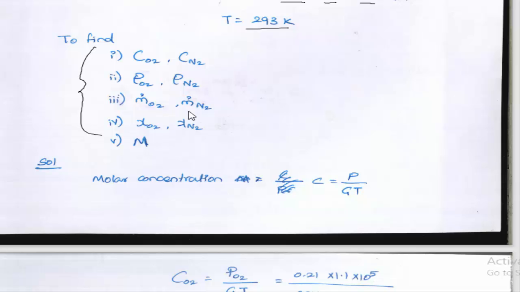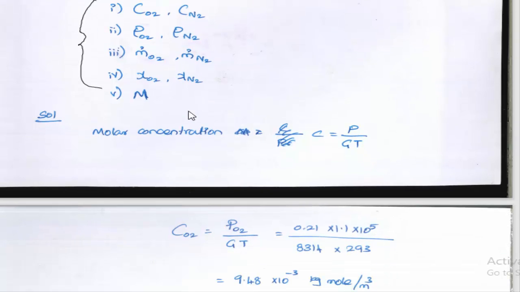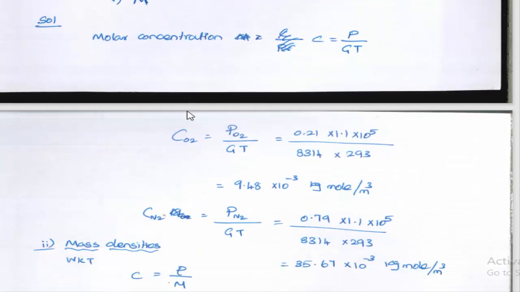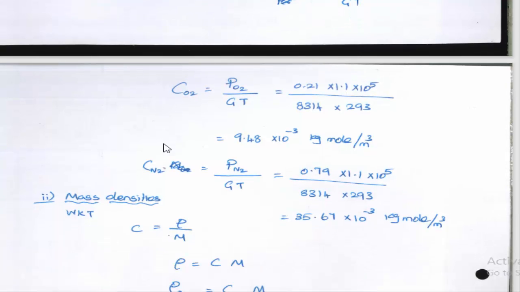So the first thing, the molar concentration C. You know the formula, C equals P divided by R T, that is pressure divided by the universal gas constant into temperature, right? Now for each component I have to find it out. For oxygen, C_O2 equals the partial pressure of O2. The total pressure is the total pressure, and these two are partial pressures, right? Component pressures are called partial pressures.